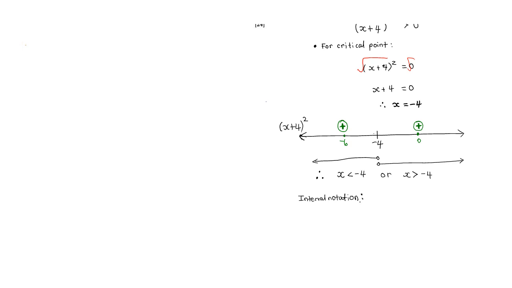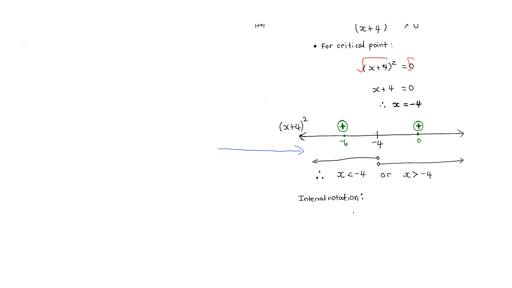For interval notation, remember I said that what we are doing when we are writing our solution in interval notation is that we're coming in from the left-hand side. We always come in from the left-hand side. As we are coming in, we are recording our solution. In this case, you're coming in from negative infinity. When you get to this negative 4, that's not included, so you have to skip this.